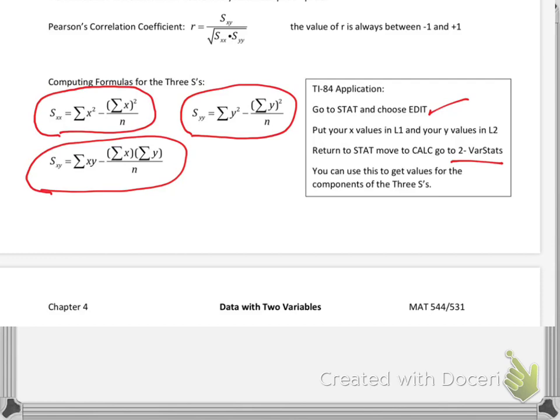You will see the sum of y, which you can then square, divided by n. You will see the sum of xy, and you will see each of these components as well. So you can really get your own Pearson's correlation coefficient by just doing this math and relying upon your calculator to do some of the heavy lifting for you. Okay, let's go on to the next page.